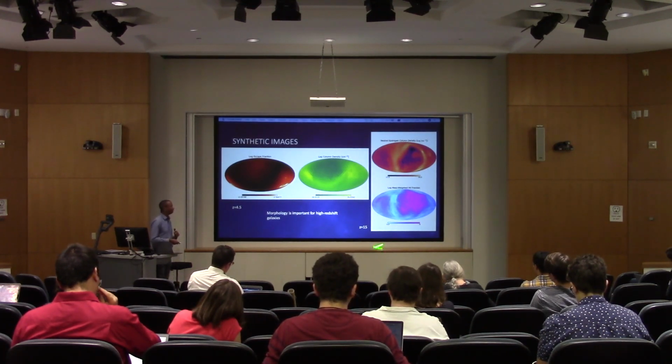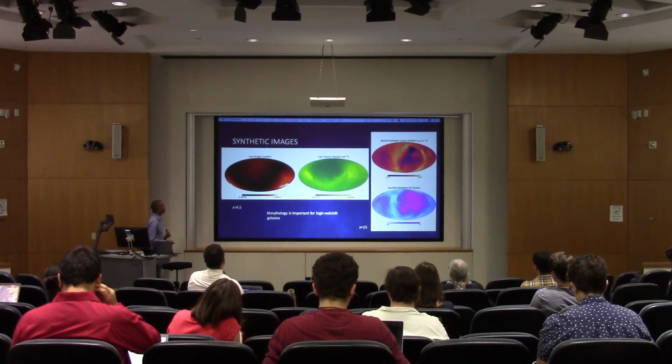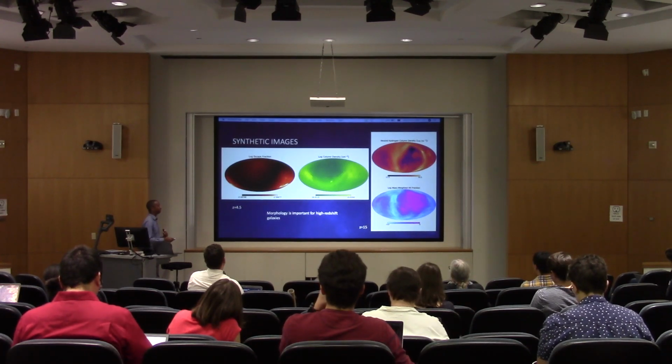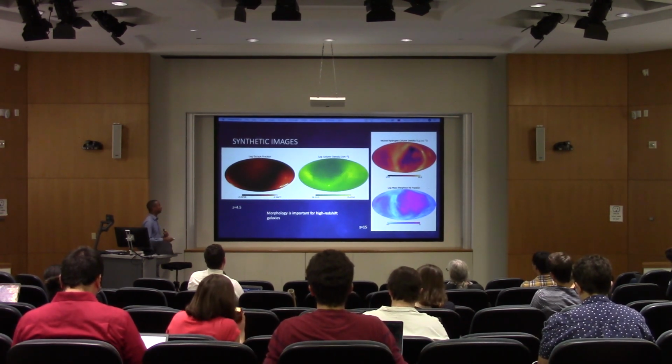So that z equals 15 galaxy with a direct collapse black hole, this is column density, integrated column density, depending on line of sight. It has an irregular distribution, and it isn't really until you get into the lower redshifts where the column density forms a disk-like shape. And where you are, even in these disk galaxies, is important.